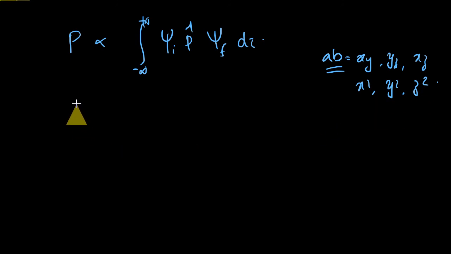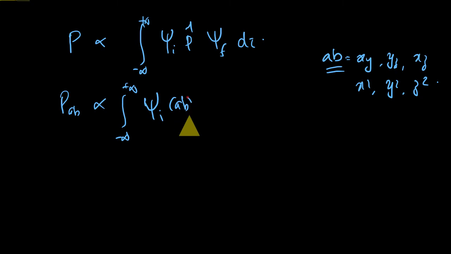So the probability of transition PAB is proportional to the integral from minus infinity to plus infinity of psi i, AB, that is the operator here, psi f d tau, where AB is the component of polarizability.